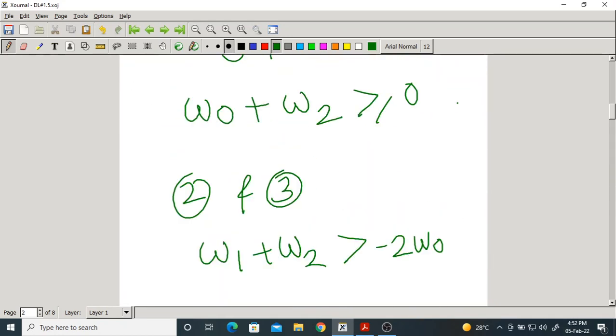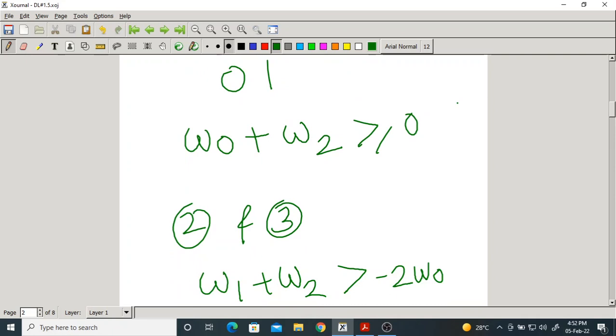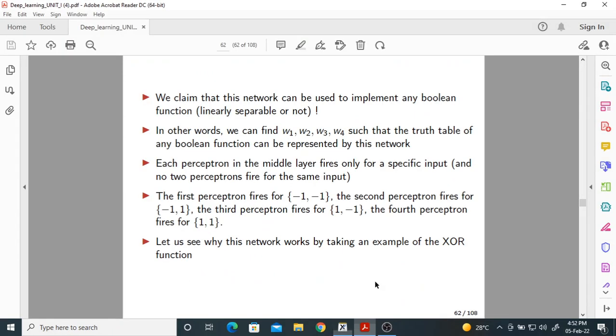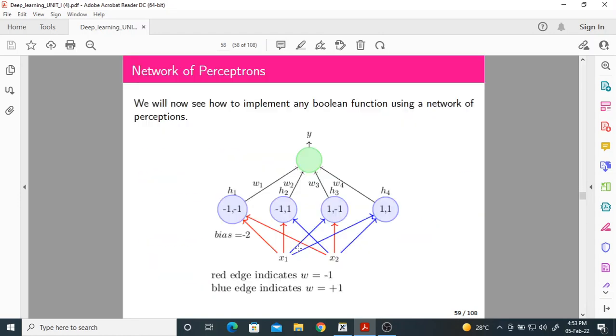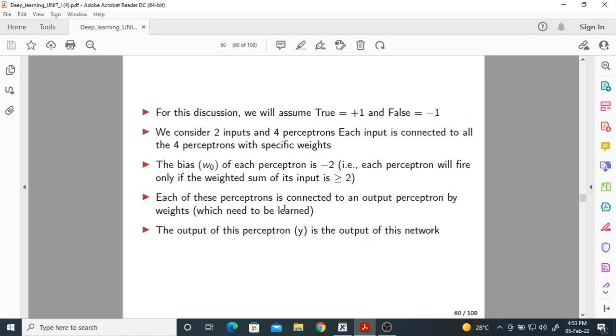We have a set of inequalities which contradict with themselves. That is the case of a single perceptron. Now we have a network of perceptrons. Let us see whether this can implement the XOR gate or not.